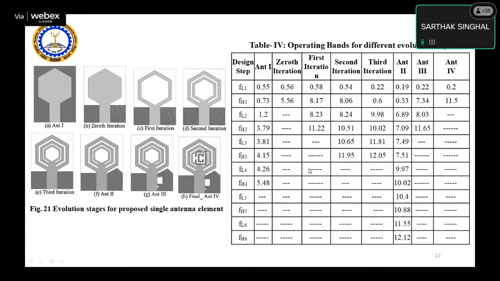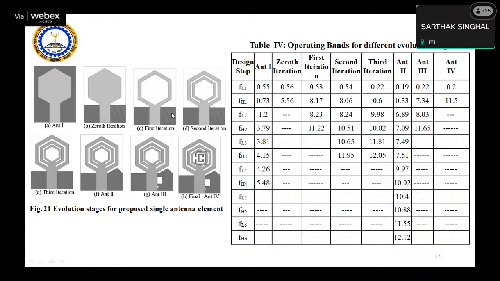And for the zeroth iteration, that is when the ground plane is partial, a bandwidth of 5 terahertz was achieved. In the first iteration, when the hexagonal radiator was loaded with a slot, the bandwidth increased again, because the higher band edge frequency shifted from 5.56 to 8.17 for the first band, but an additional band was achieved, which is from 8.23 to 11.22 terahertz.